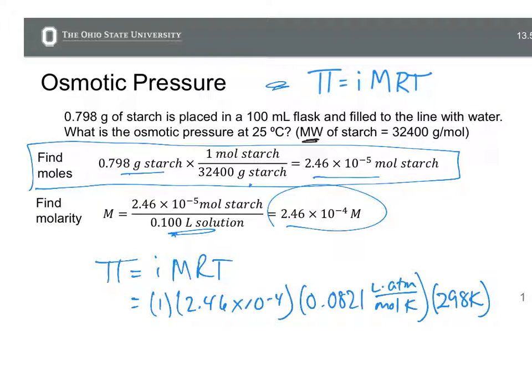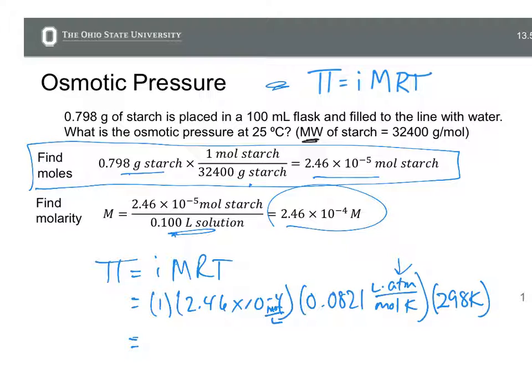Kelvin cancels. And this is moles per liter. So moles per liter is going to cancel with liters per mole. Kelvin cancels, so we're going to be left with atmospheres, which is a perfectly fine unit for a pressure.